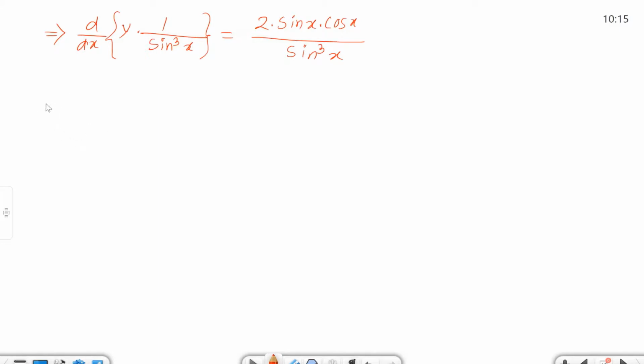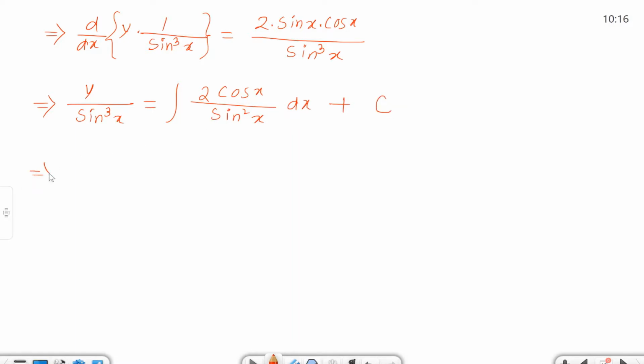So the left hand side is y by sin cube x, equal to the right hand side, where one sin cancels and we integrate: 2 times the integral of cos x divided by sin square x dx plus constant c.